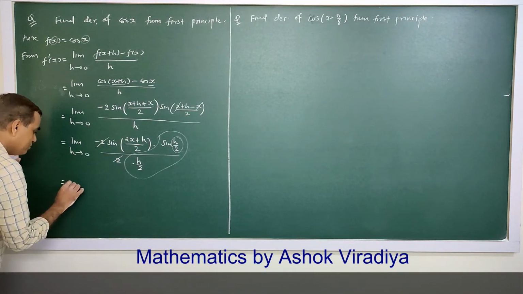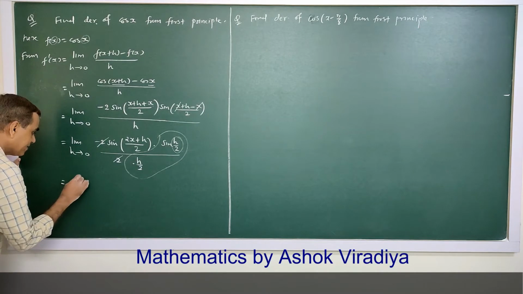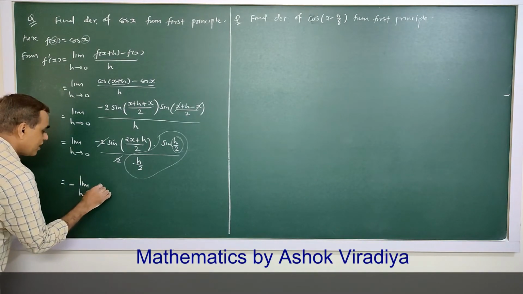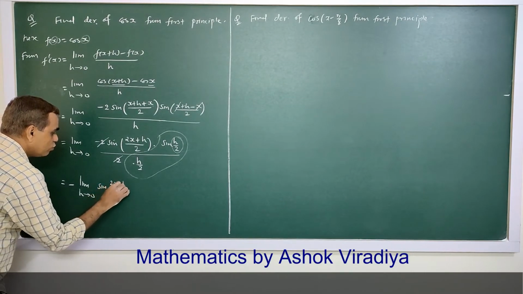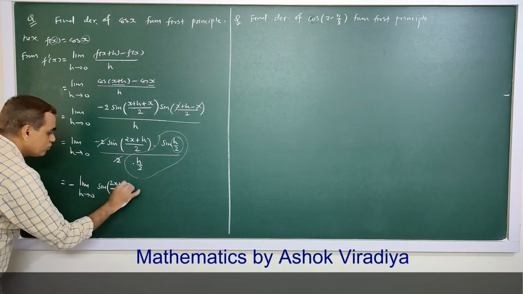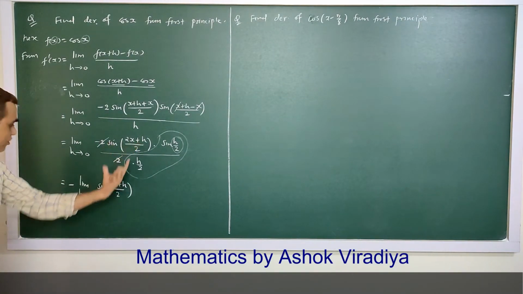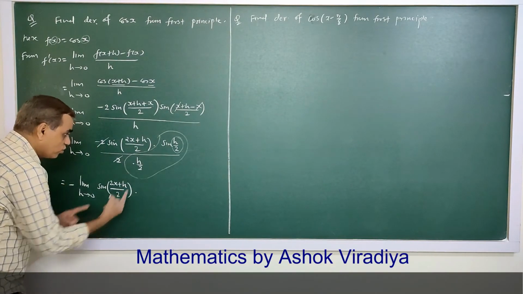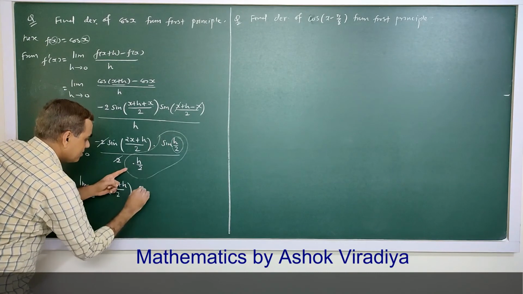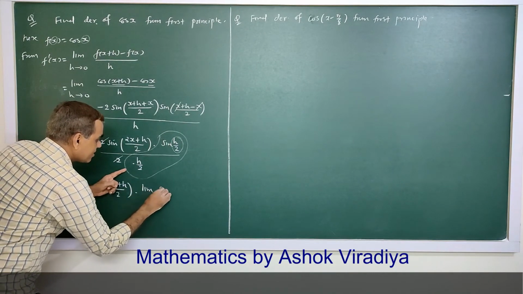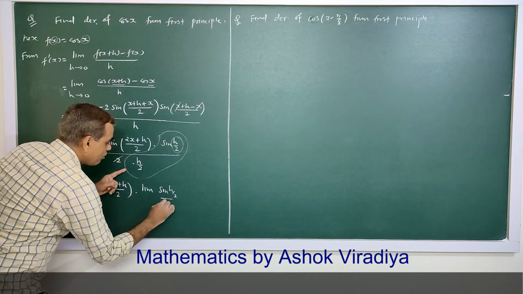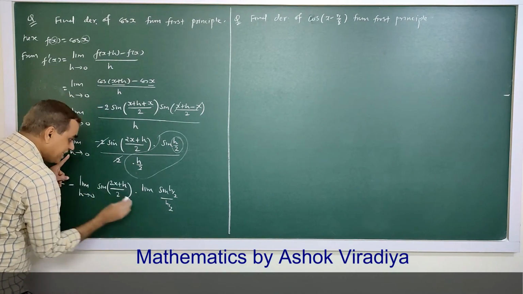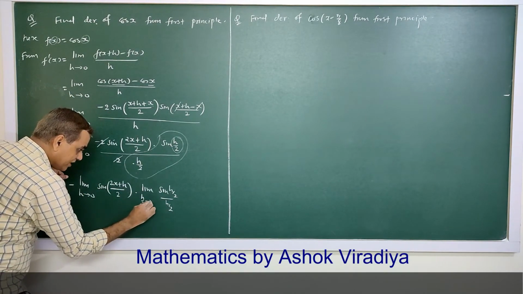Now distribution of limit: minus as it is, limit h tends to 0 sin of (2x plus h) by 2, into limit of sin (h by 2) upon (h by 2), where h tends to 0, so h by 2 tends to 0.